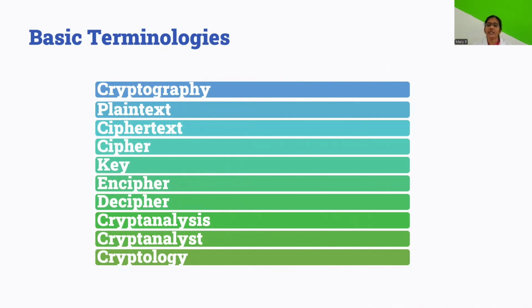Cryptanalyst is someone who can do any one or all of three different things. First, they attempt to break a single message, or attempt to recognize the patterns only. First one is break a message.